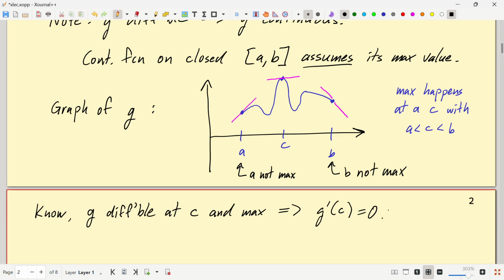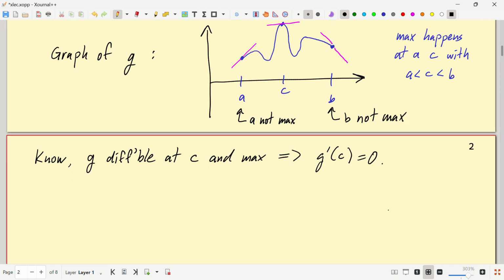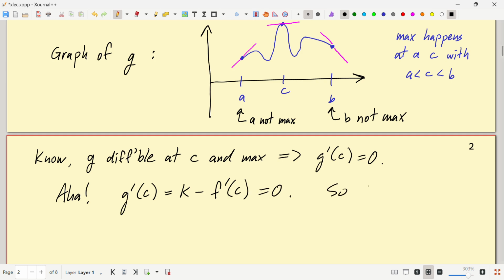And now Darboux' aha moment was g prime of C equals k minus f prime of C equals 0. So f prime of C is equal to k. How cool is that? So that's very simple and based on very simple facts of that section.